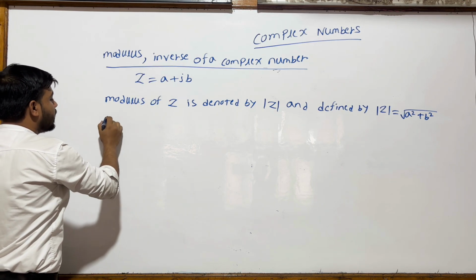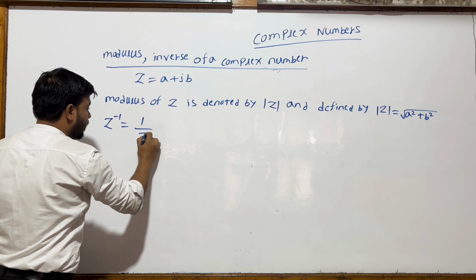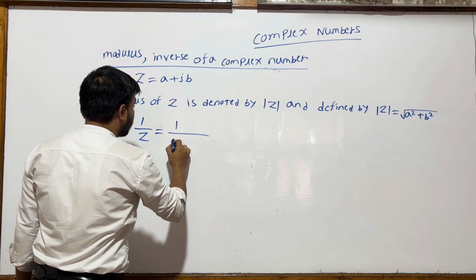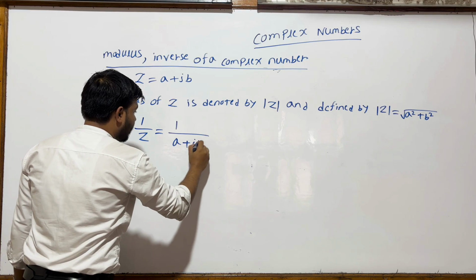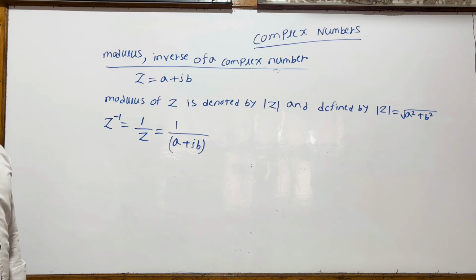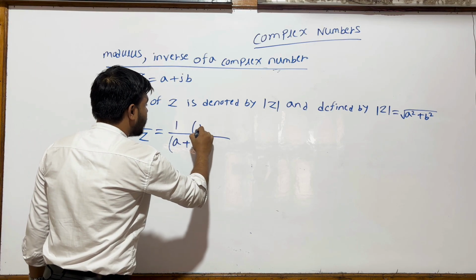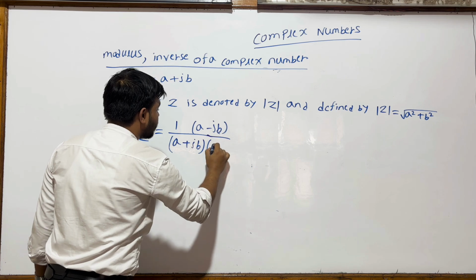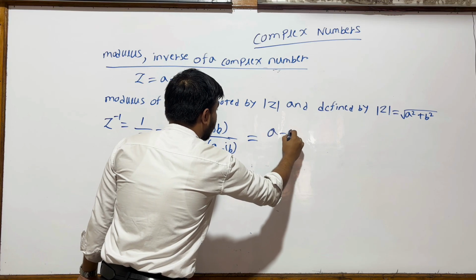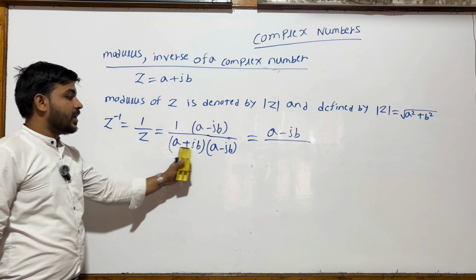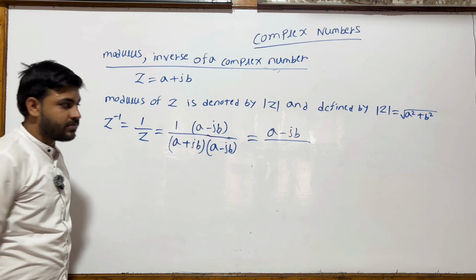Next, inverse. Inverse means z inverse, that is 1 by z. 1 by z means 1 by a plus ib. If we multiply the numerator and denominator by a minus ib, what will we get? That is a minus ib by (a plus ib) into (a minus ib). The identity: (a plus b) into (a minus b) is a square minus b square.